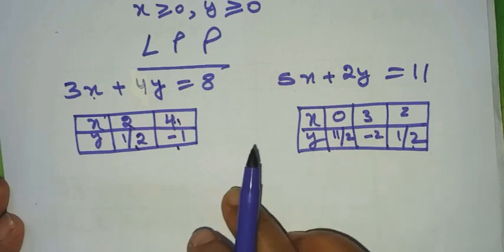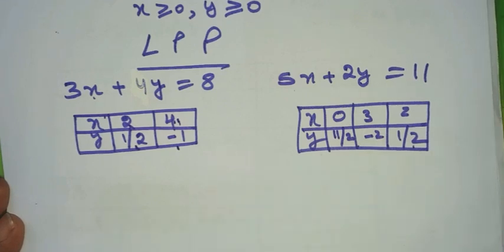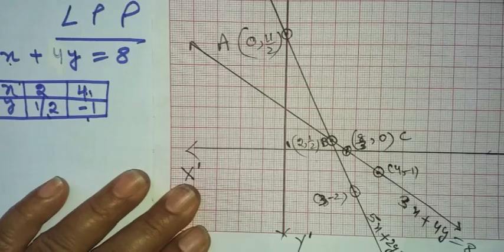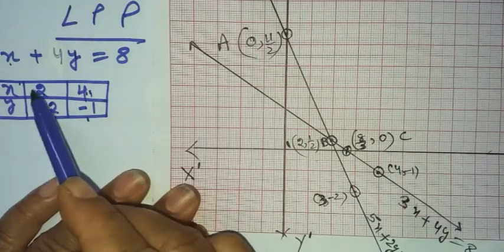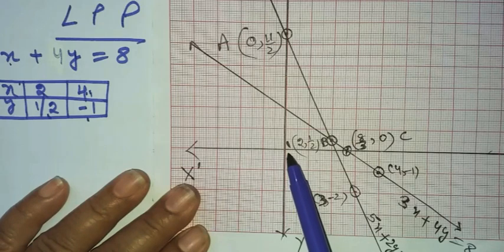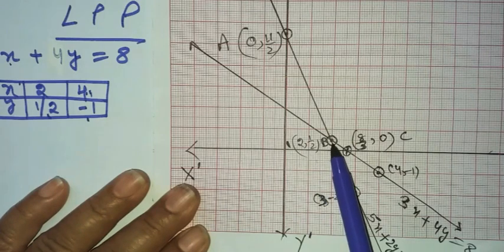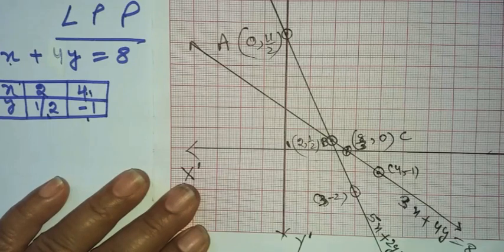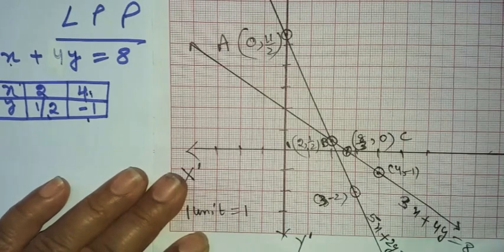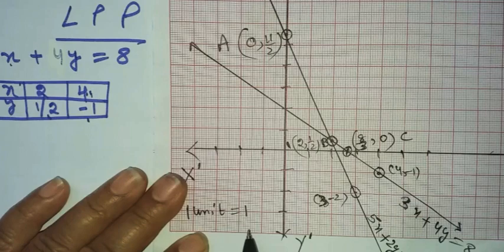So, now let me plot these values on the graph sheet. Now, you can see the first point 2, 1 by 2. So, I took 2 on x axis and 1 by 2 on y axis. Let me tell you the scale also first. So, we have taken the scale 1 unit is equal to 1.